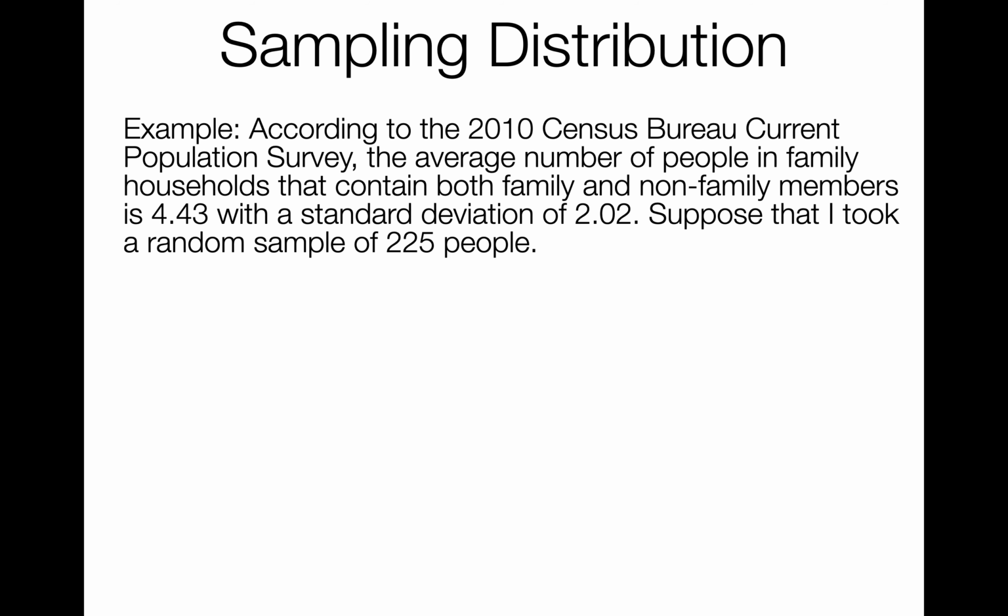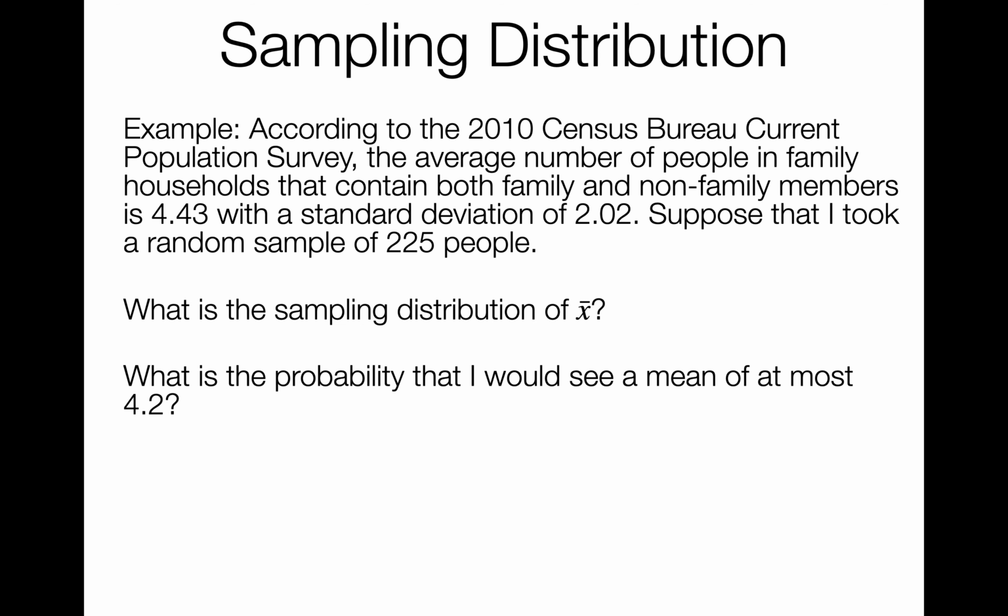Suppose that I take a random sample of 225 people. I want to know what is the sampling distribution of X bar, and what's the probability that I would see a mean of at most 4.2.